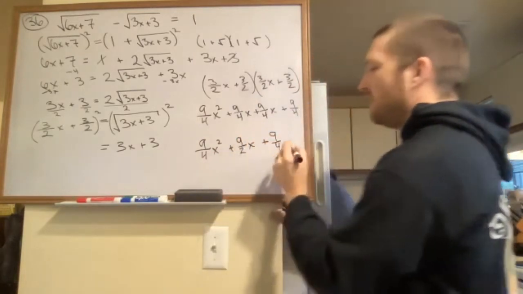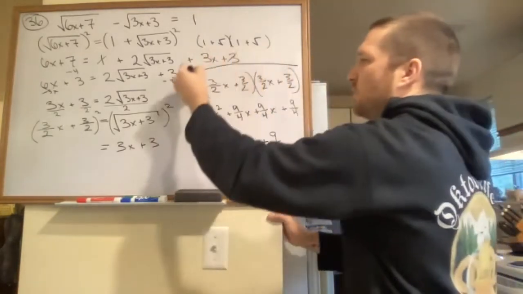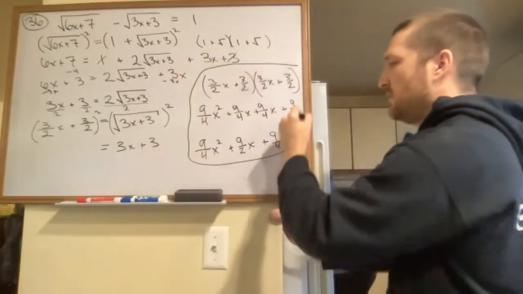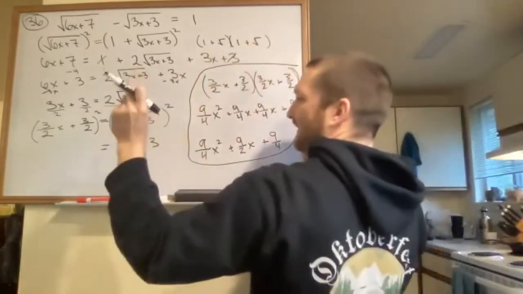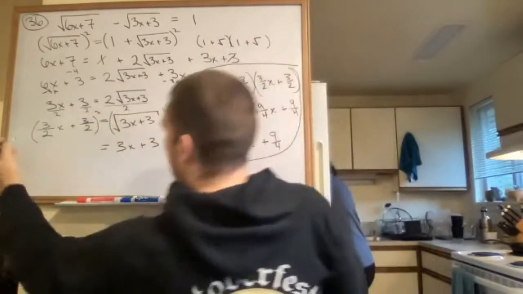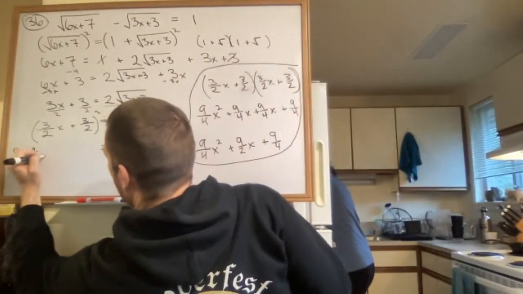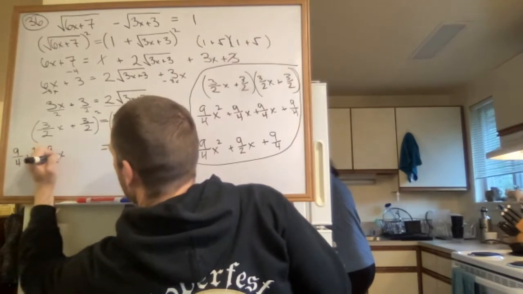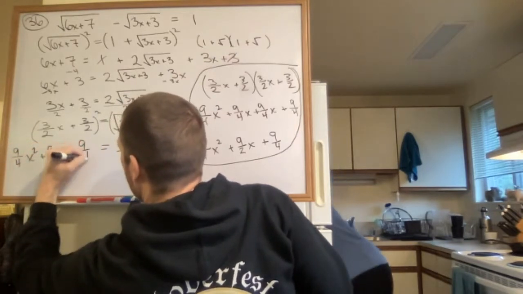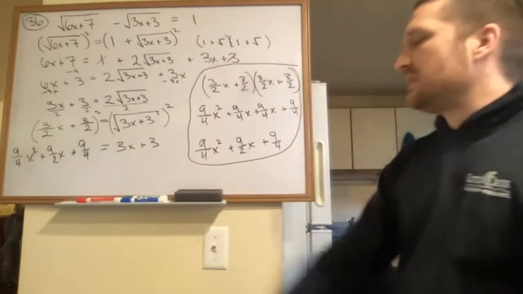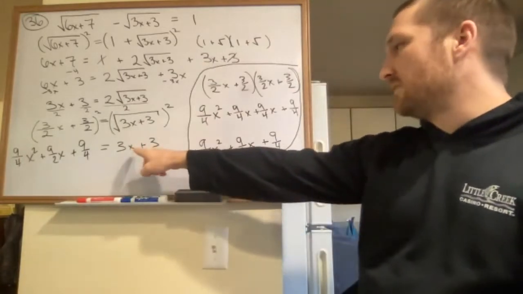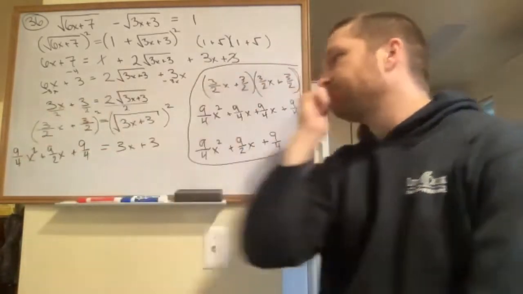Well, here's the thing. That right there is the work that I just did for the left-hand side. We end up with 9/4 x squared plus 9/2 x plus 9/4 equals this. Oh boy, we're going to have to take this over there.